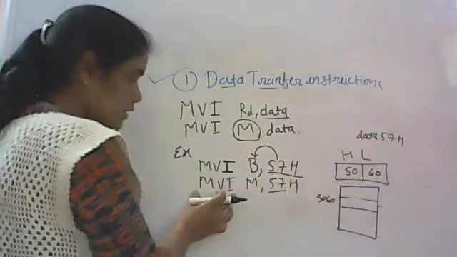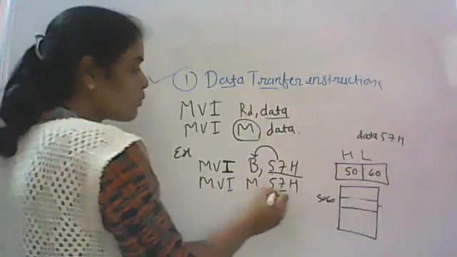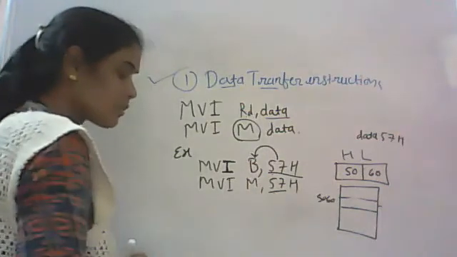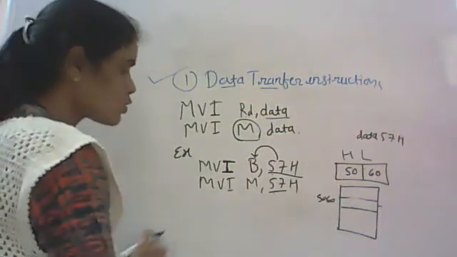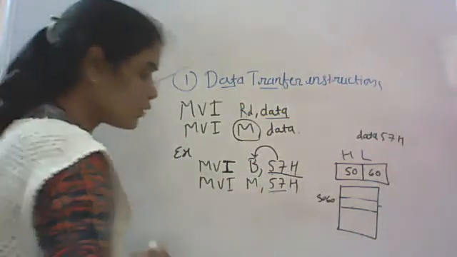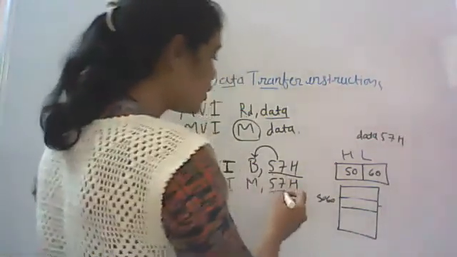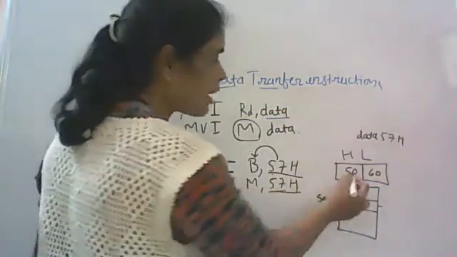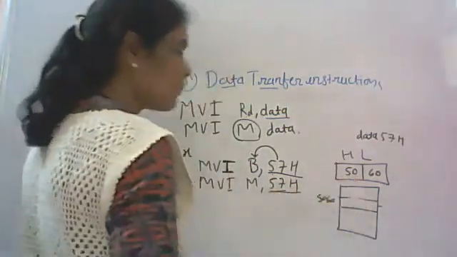Now, in the next example, MVI M, 57 hex. In this instruction, store this 57 immediately into the memory location pointed to by the HL pair.